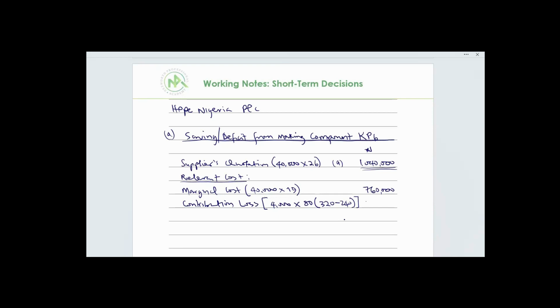That should be 320,000. Okay, so add the two together. Since there is no additional cost, 1,080,000. So this represents the total relevant cost, which is B.